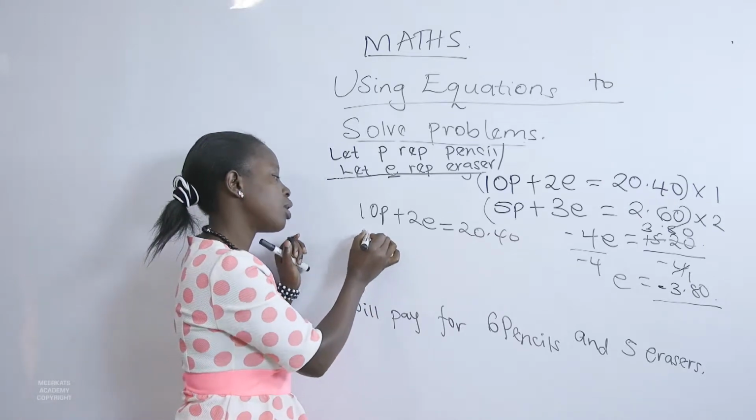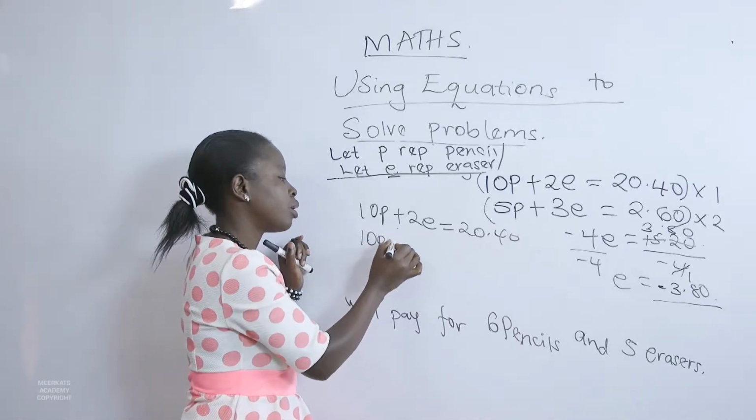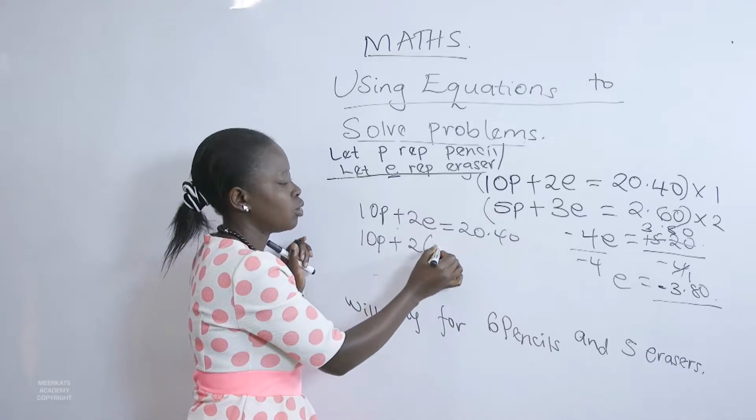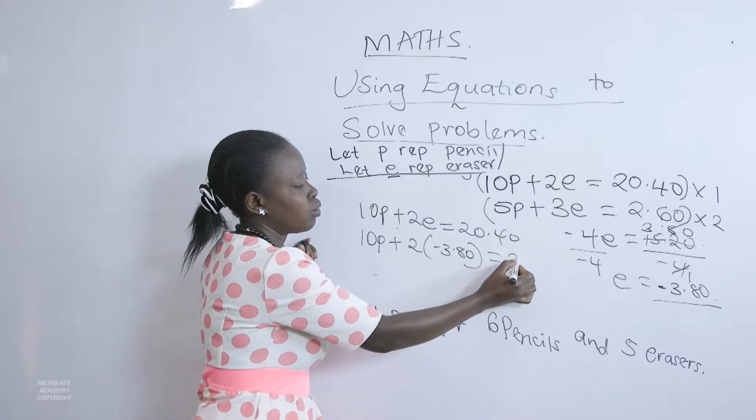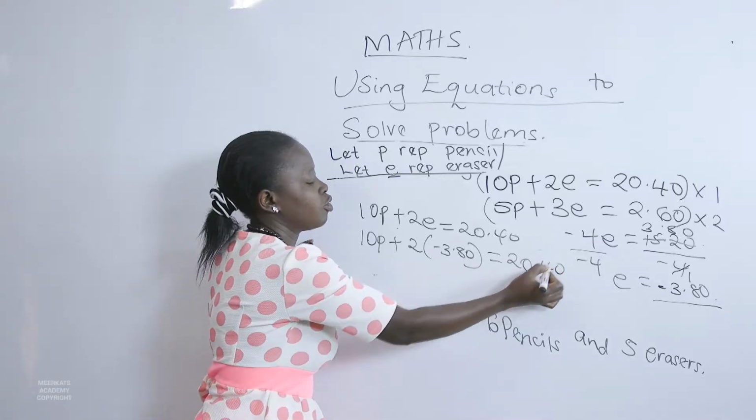So I have 10p plus 2 into negative 3.80 is equal to 20.40.